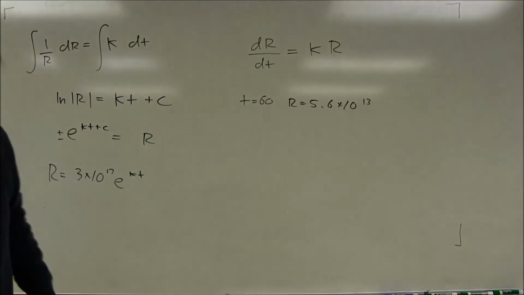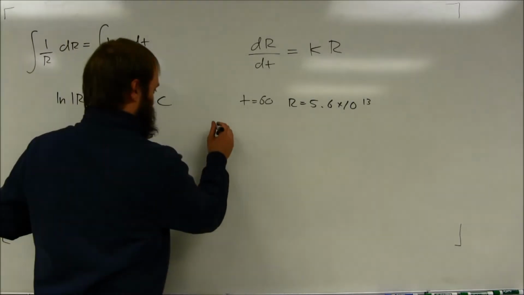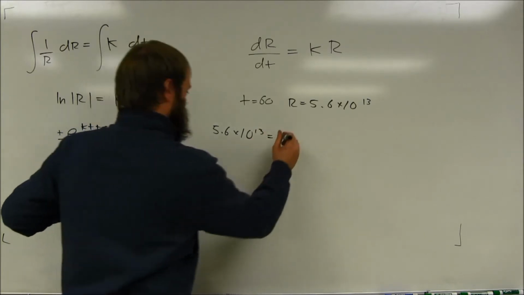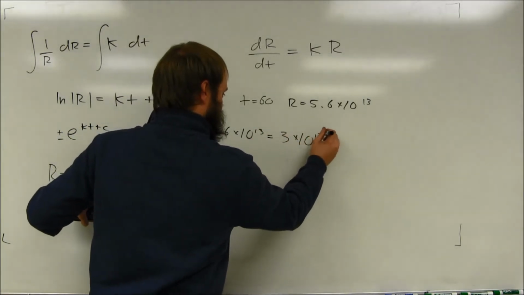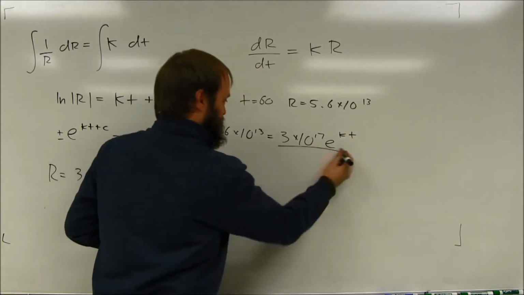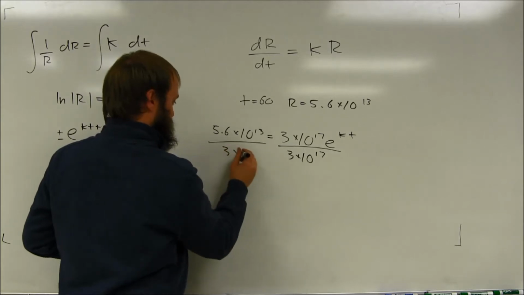All right? So once again, I'm going to substitute that into my equation over here. So I know that 5.6 times 10 to the 13th is going to equal 3 times 10 to the 17th e to the kt, and I can solve this equation. Divide both sides by 3 times 10 to the 17th.